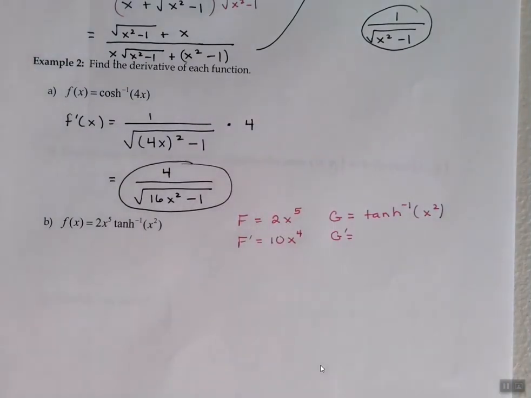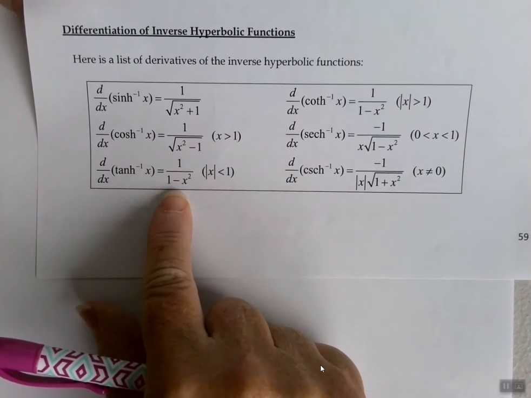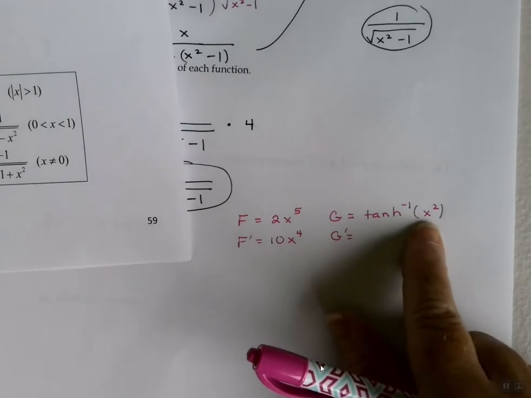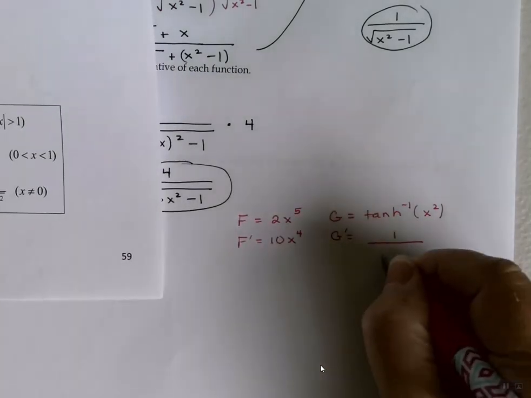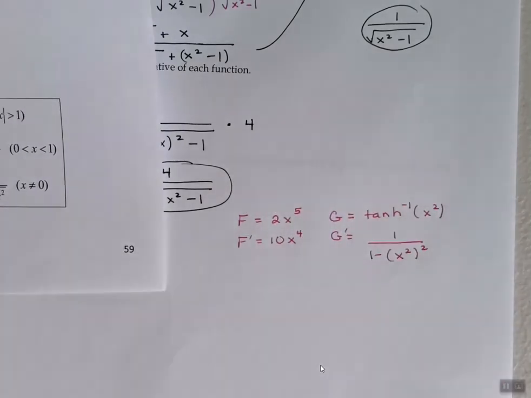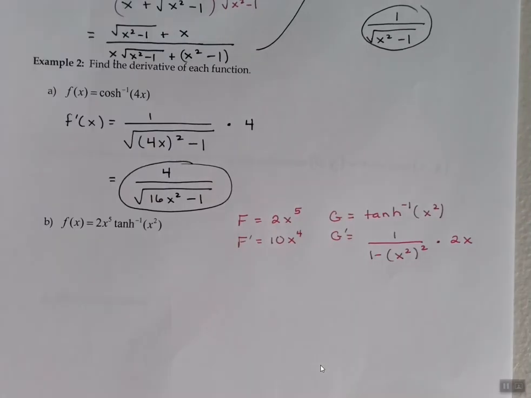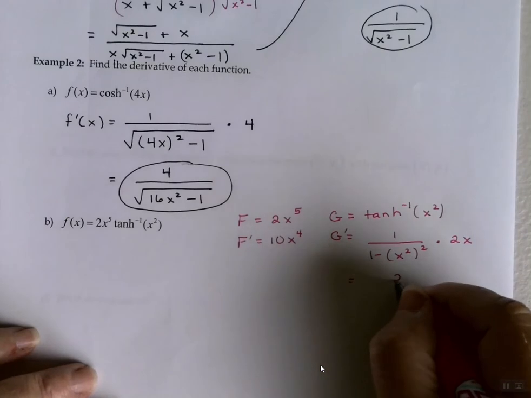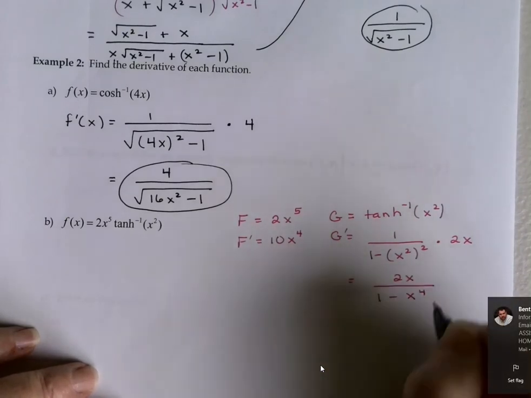And for g prime, the rule says 1 over 1 minus x squared, but instead of x, I have x squared. So I'll have 1 over 1 minus x squared squared, and then times 2x for my chain rule. That would be 2x over 1 minus x to the 4th.